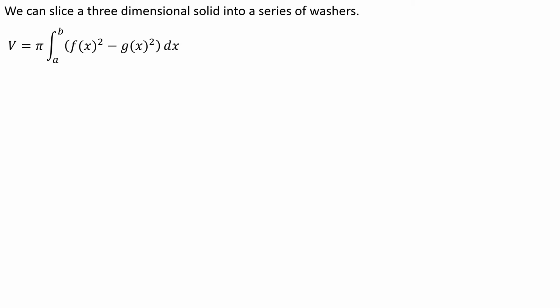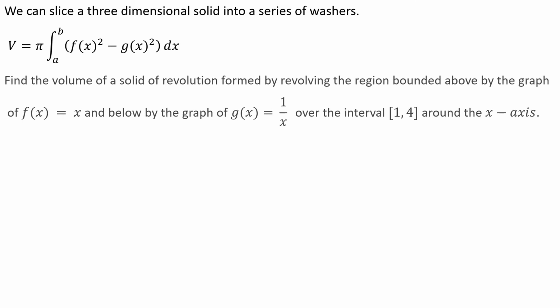Right, we go from left to right, so we'll be going from A to B. And then the larger radius squared, subtract the smaller radius squared, will get us like the top surface area of one washer. Multiply by dx, that's the thickness, that gets us the volume of one washer. And then of course when we integrate, we go from A to B. We're adding up all of those volumes.